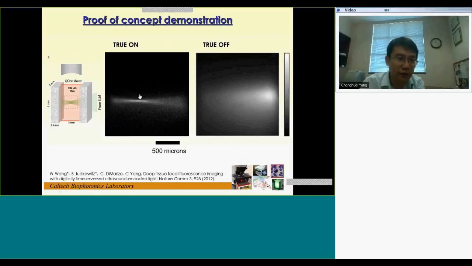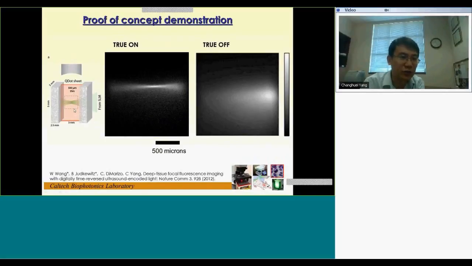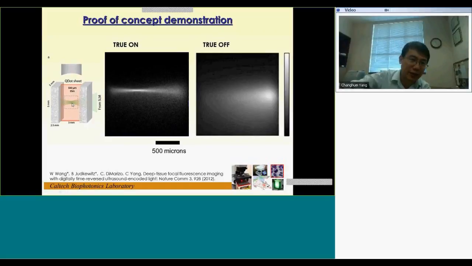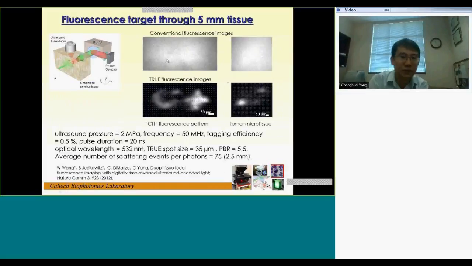You can see that it comes to a focal point that coincides with where the ultrasound focus is. And then by repeating the experiment and moving the ultrasound to different locations, we can move that optical focus to any point within that volume quite effectively. Using an Abbott method, we were able to show the ability to do fluorescence imaging with a resolution of about 30 microns through a piece of tissue that's 5 millimeters thick.